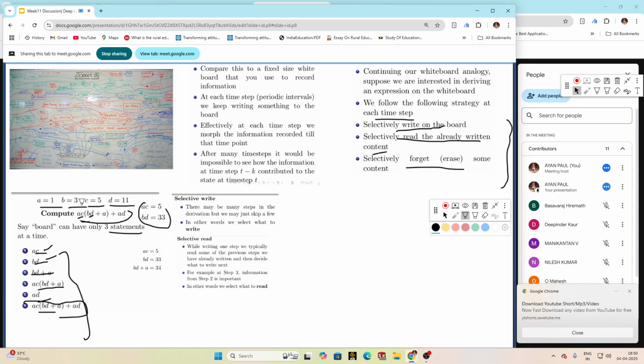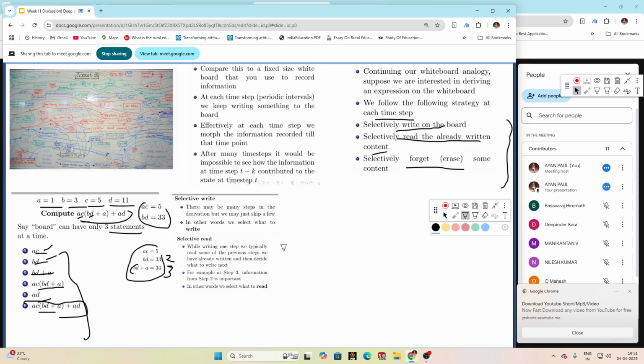Now we need BD plus A, which is why in this step we can write BD plus A. For example, at step 3, information from step 2 is important. If we did not have BD in step 2, how could we write BD plus A? So in other words, we select what to read.